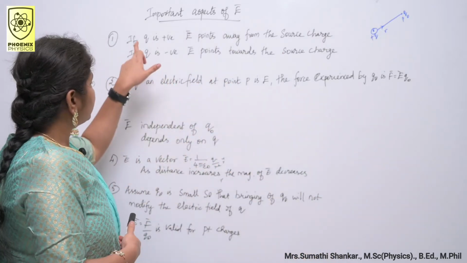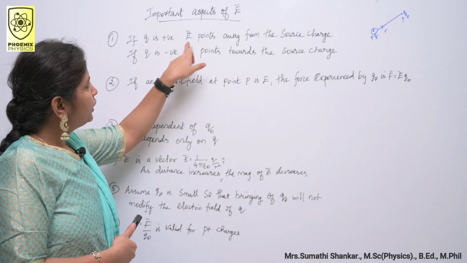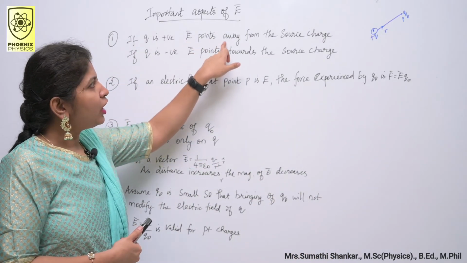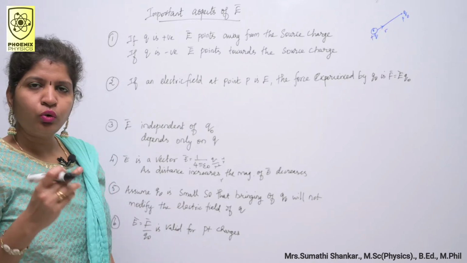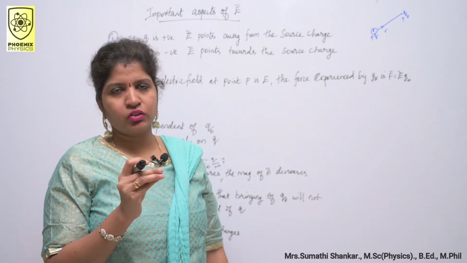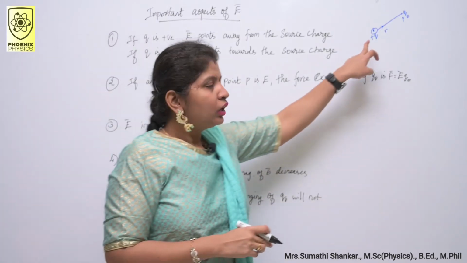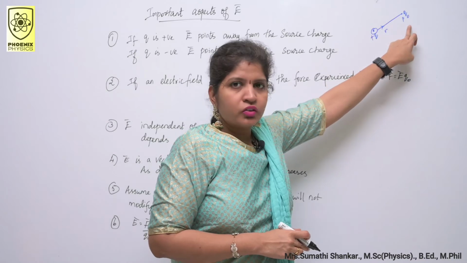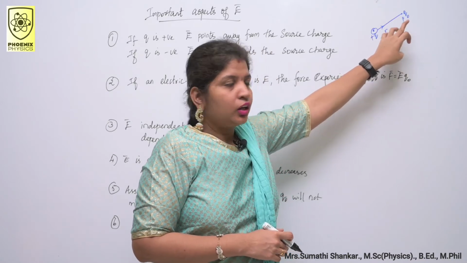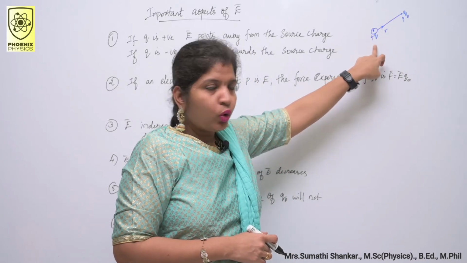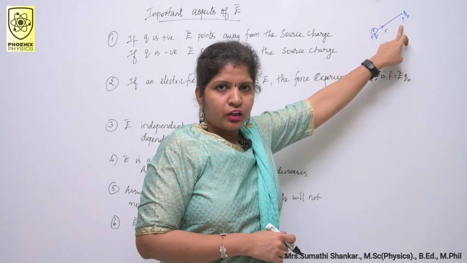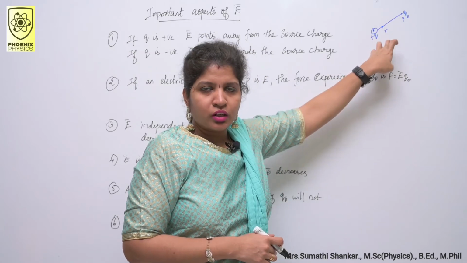First one is, if Q is positive, electric field points away from the source charge. You know what is source charge, what is test charge. So Q is our source charge, Q naught is our test charge, and Q is at O, Q naught is at P. Both are separated by a distance r.